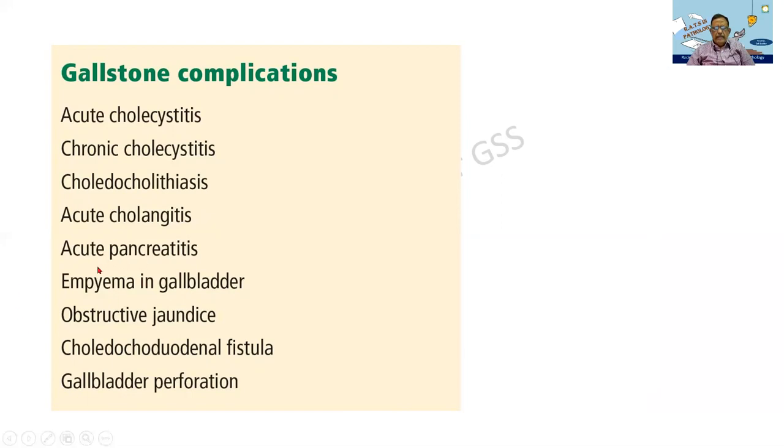Sometimes retained secretions can form pus, empyema of the gallbladder, obstructive jaundice. A fistula can form between the gallbladder and the intestine, and sometimes there can be perforation. Please learn this by heart, it is very easy. There can be acute inflammation, chronic inflammation, formation of stones, formation of pus and empyema, fistula, and perforation.